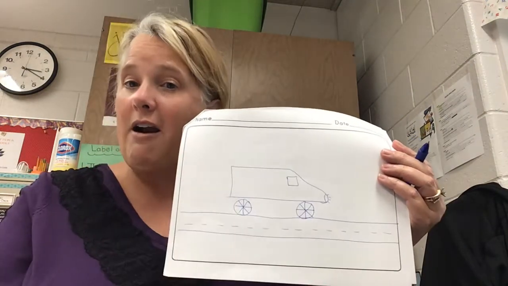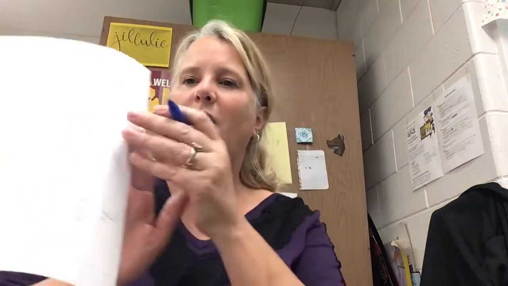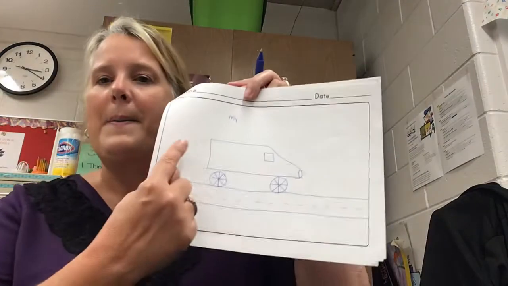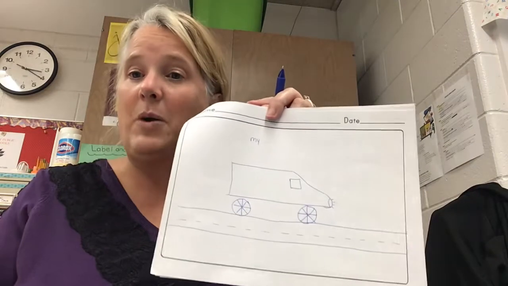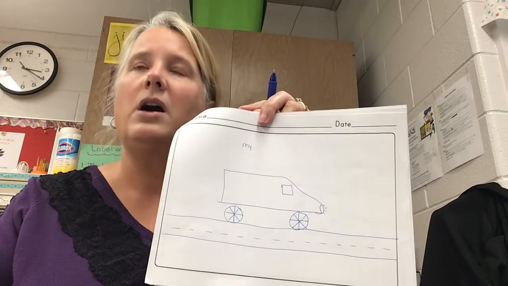Then when I go to my next page to label my car, I'm going to look on my word wall again for that word my. Oh, I found it quickly because I had it highlighted, M-Y. So I'm going to first write my, M-Y. My, and then I'm going to stretch out car. Car. K-r. K. Ooh, that's a C like cat.